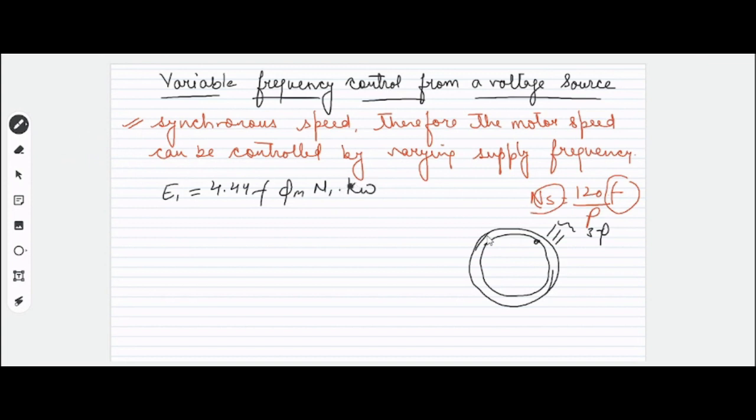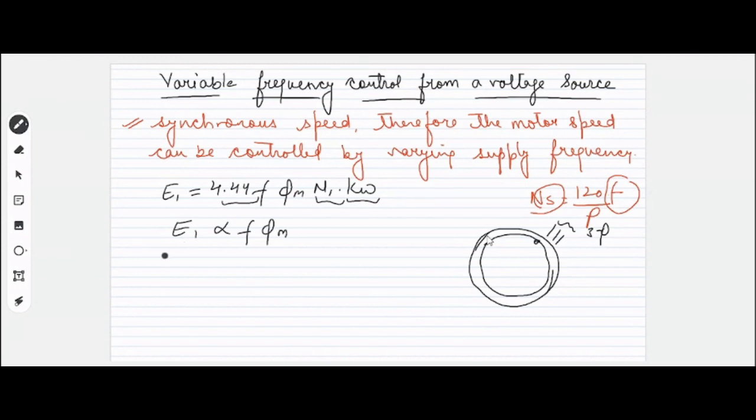This expression is similar to the EMF equation of a transformer, except kw, which means the winding factor. The winding factor is constant, 4.44 is also constant, and N1 is the number of turns in the stator winding. So we can say that E1 is proportional to f phi m.